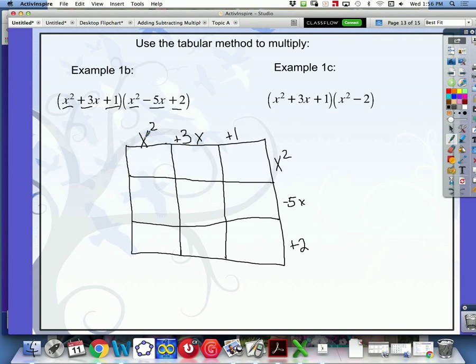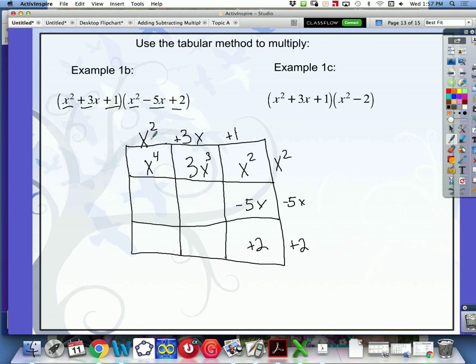So starting here, x squared times x squared, 2 plus 2 means we have x to the 4th. 3x times x squared gives you 3x cubed, and 1 times x squared is x squared. And if you want, since this is a 1, we could automatically fill in this row because we know since these are all times 1, they're going to be the same.